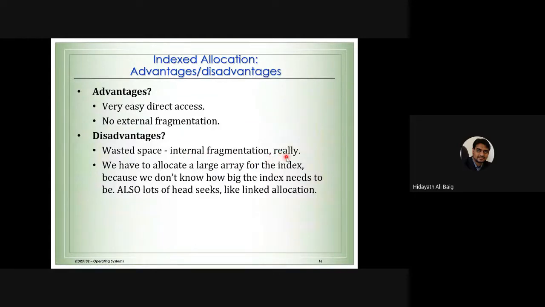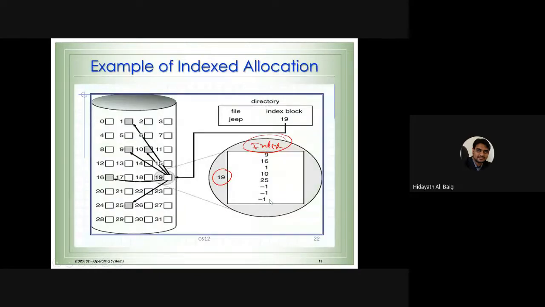But still, is it really existing or not? We don't know. There is wasted space because of internal fragmentation. Why? Because we have to allocate a large array for the index, since we don't know how big the index needs to be. Also, a lot of head seeks, like linked allocation. So what they are telling here is, we need to give more space here.